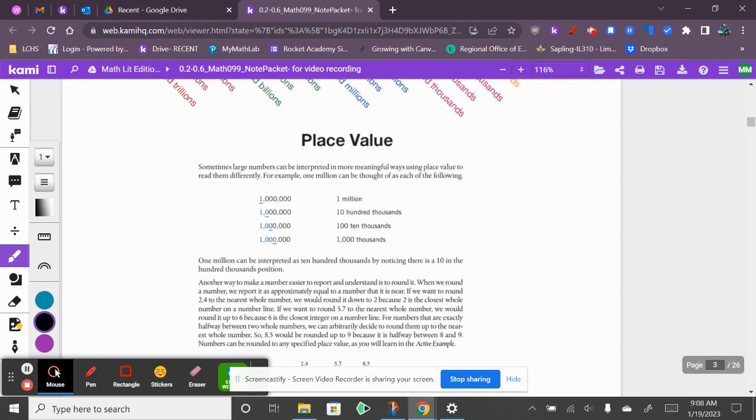If we look at numbers in relation to smaller ones, we can think of 1 million the same as 10 hundred thousands, or 100 ten thousands, or 1,000 sets of 1,000. So it's a way for us to think of it in the context of the actual place value.